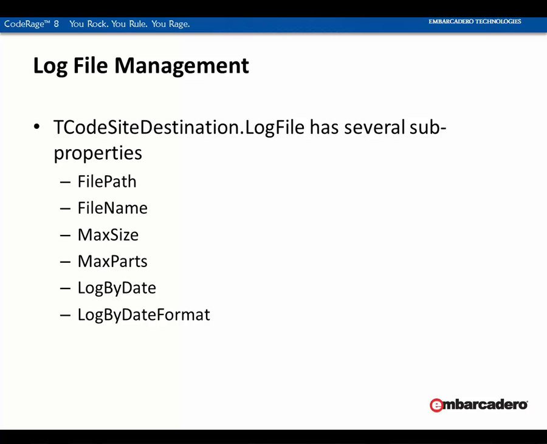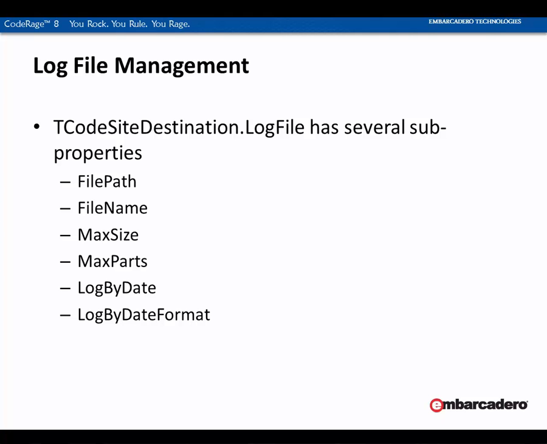And if you've used CodeSite for anything substantial, you'll note that you can generate quite a bit of data. It gets very easy to just start sending stuff to CodeSite and capture it, and especially with lots of objects, it adds up. So one of the things that you need to be aware of are the additional parameters that are tied to the log file CodeSite destination.